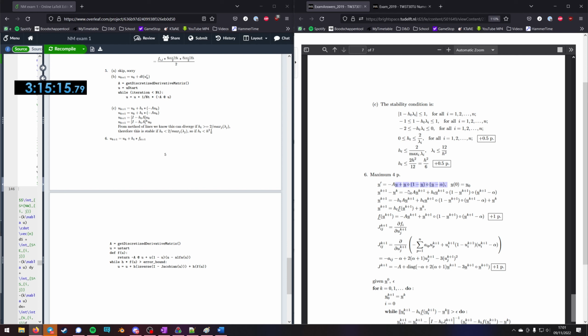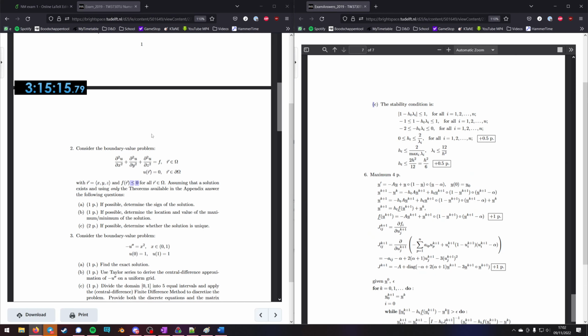This is the derivation. So what are they even deriving here? F, u_k. Because I mean, this is given, isn't it? Hold on.